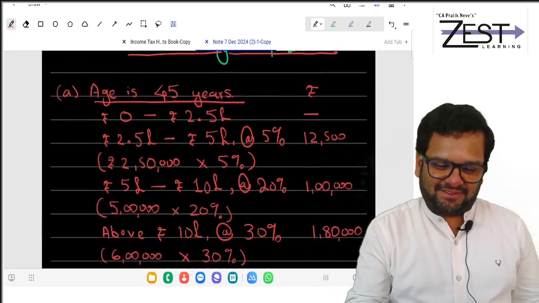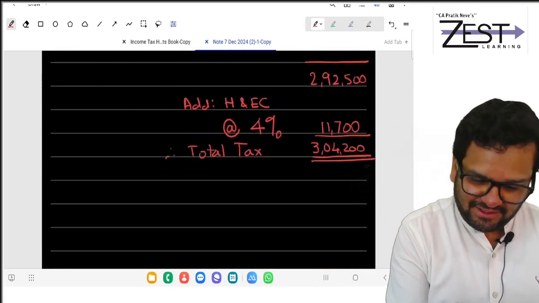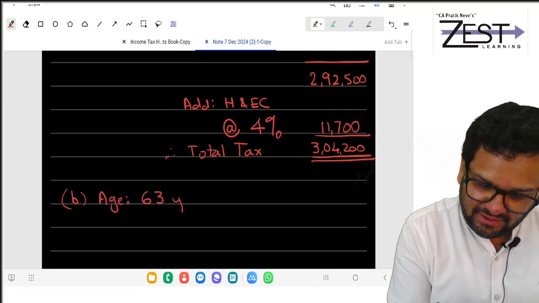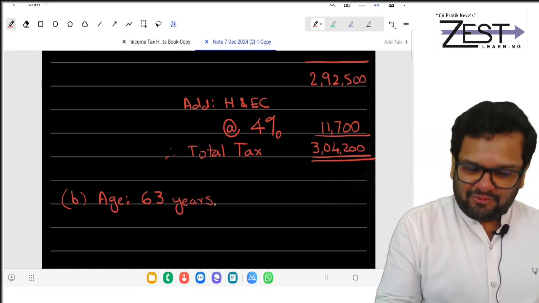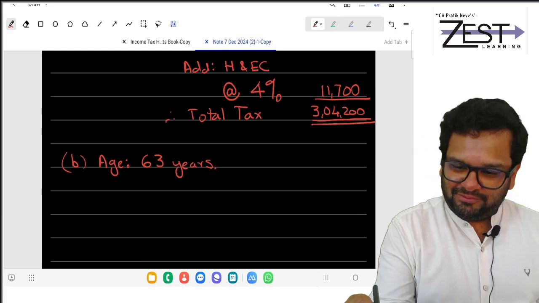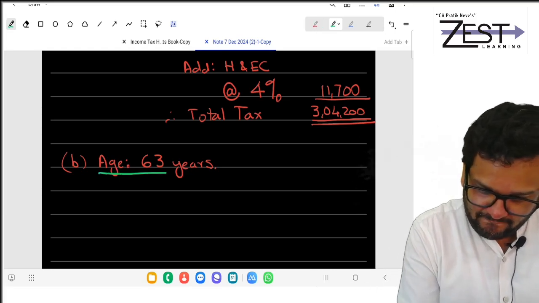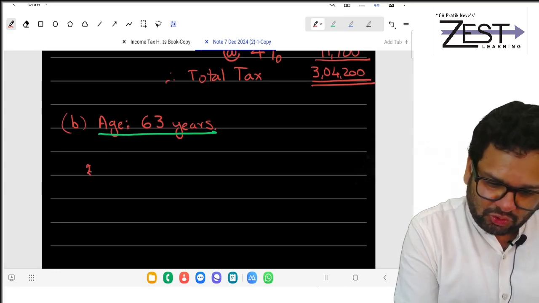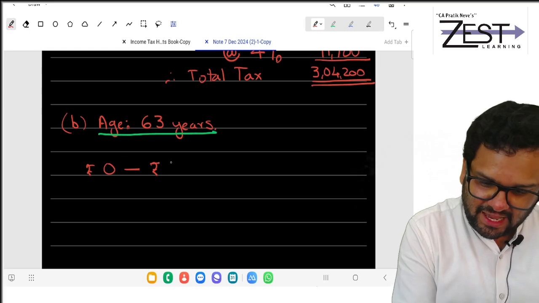Next, second case. What is your second case? Age 63 years. What will change, you know? Yes, basic exemption limit will change. 0 to 3 lakh.